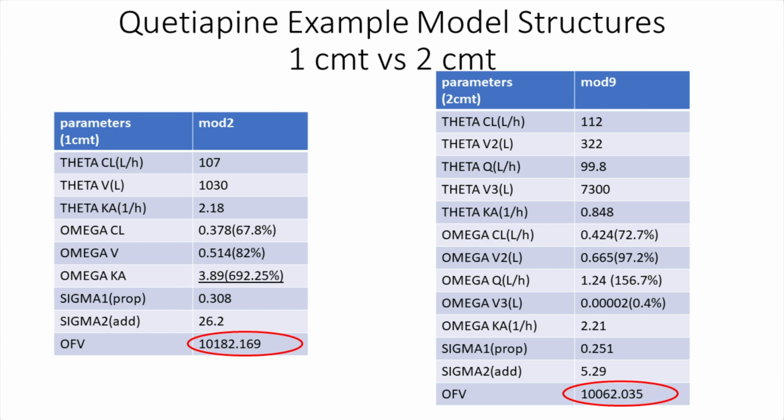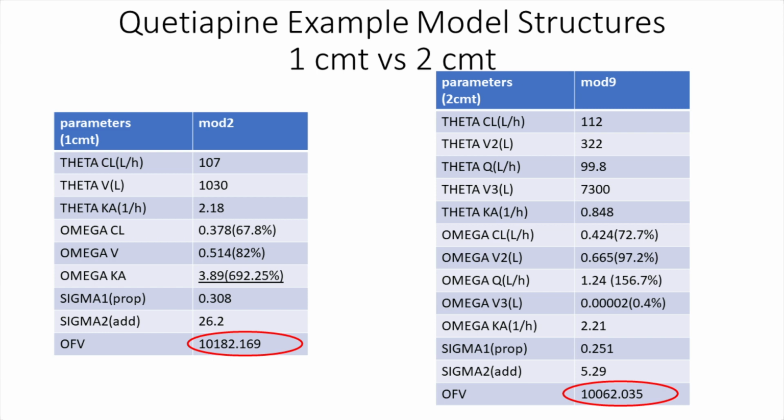So the values in brackets are the percentages between individual variabilities, and the numbers returned by NONMEM are presented as the main numbers here. These are basically like a CV, not exactly; depending on which estimation method you're using, you have to do a different back transformation.